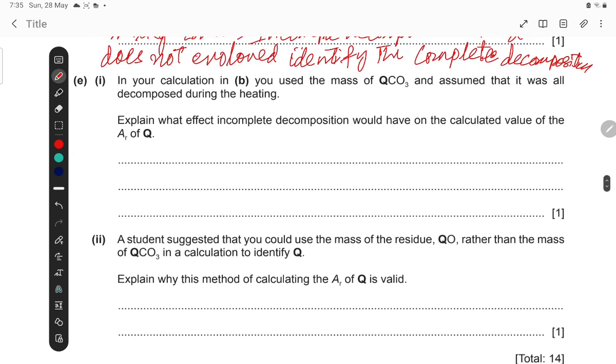In your calculation in B, you use the mass of QCO3 and assume that it was all decomposed during the heating.